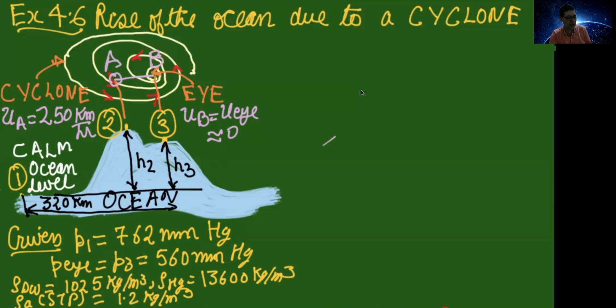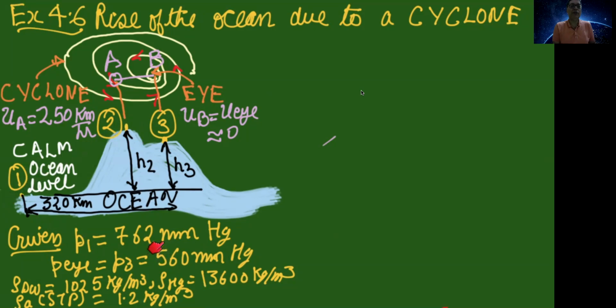The density of mercury is 13,600 kg per meter cube. It's much heavier. The density of air at atmospheric pressure is 1.2 kg per meter cube. But the density of air at 3, where you have subatmospheric pressure, will be different.